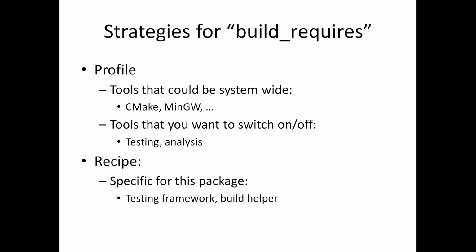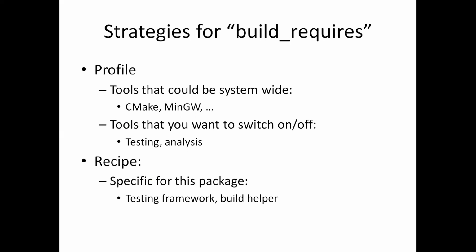So in this way, if you put CMake or MinGW in the profile, you allow the developer to do whatever they want. They can use their system CMake, or they can use the CMake from Conan, but it's not hard-coded. If you put CMake as a build requirement in the recipe, it will always be used by the recipe. And the developer may say, hey, I already have a CMake installed in my machine.